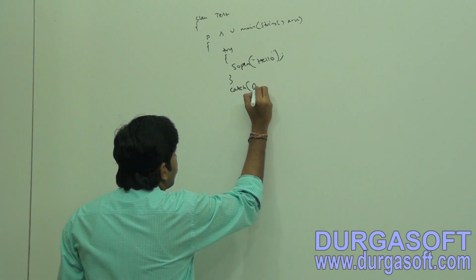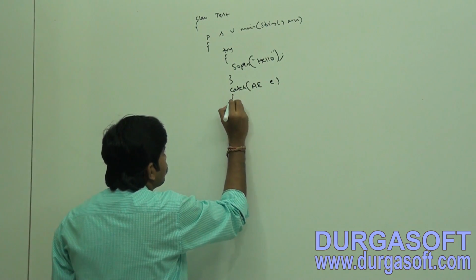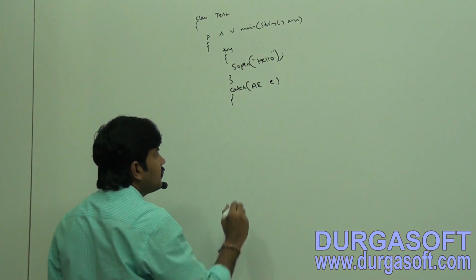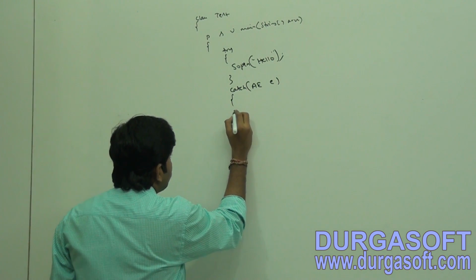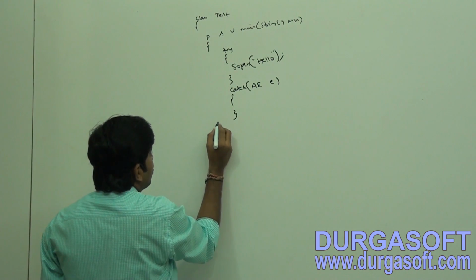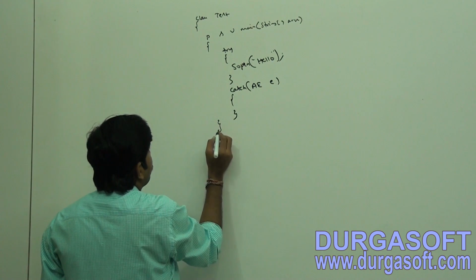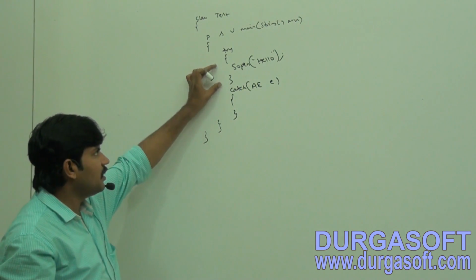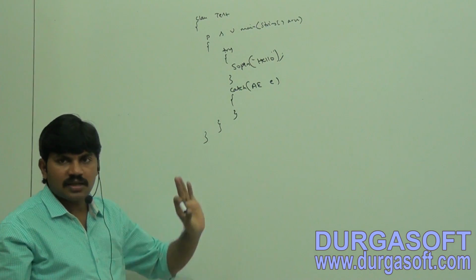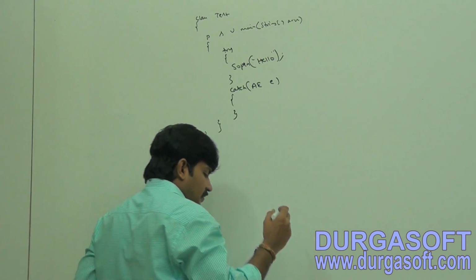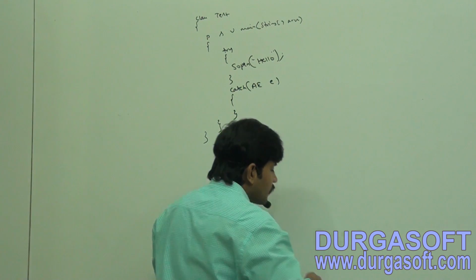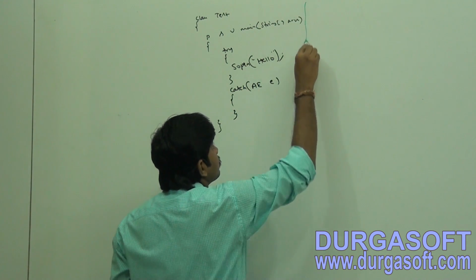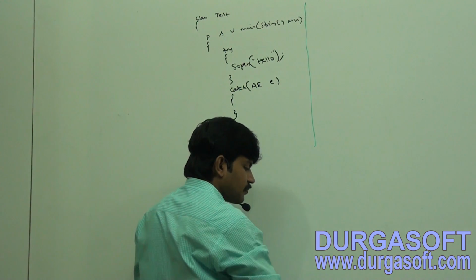Here I am taking ArithmeticException e. End of the main method, end of the class. This is the first one, simple. Try SOP of hello, catch ArithmeticException.